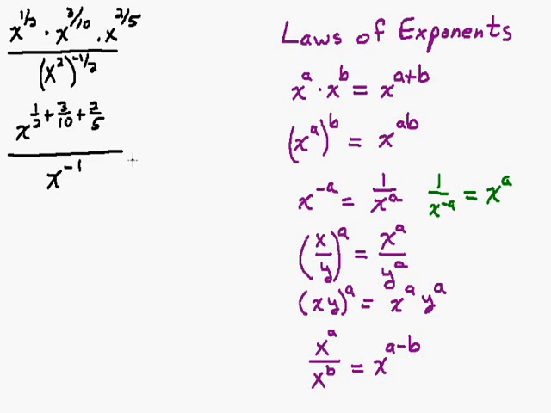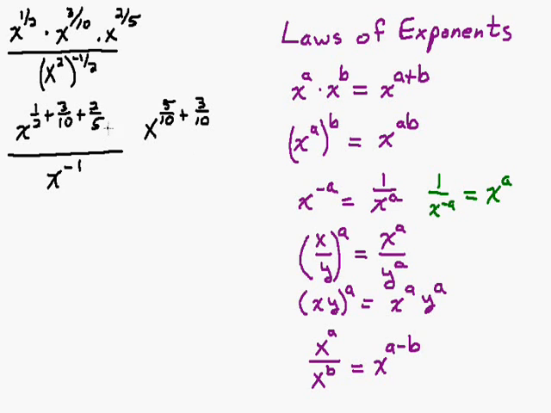I have to add all these fractions together, and I'm going to have to drum up something from the good old days, which is getting a common denominator. So 2, 10, and 5. The least common denominator would be 10, so I want to change these all to tenths. So 1/2 would be 5/10. Multiply the top and bottom by 5. The 3/10, I'm just going to keep how it is.